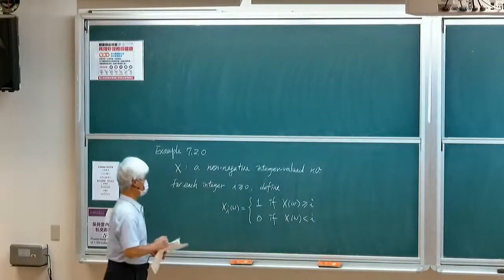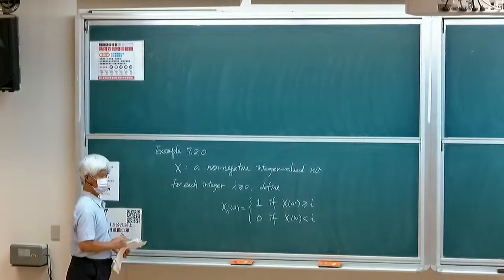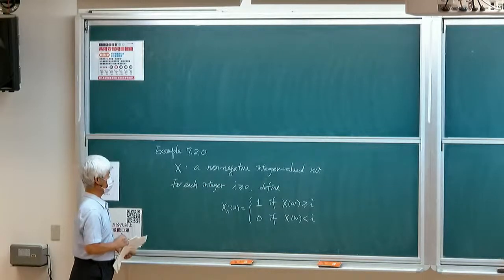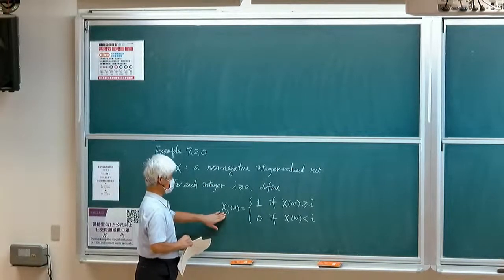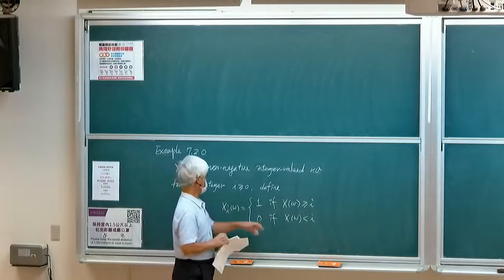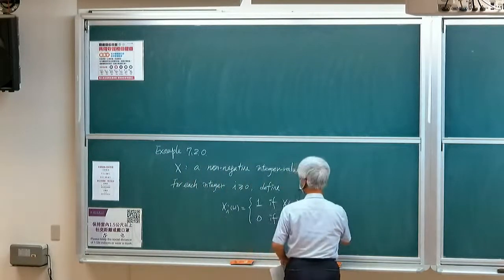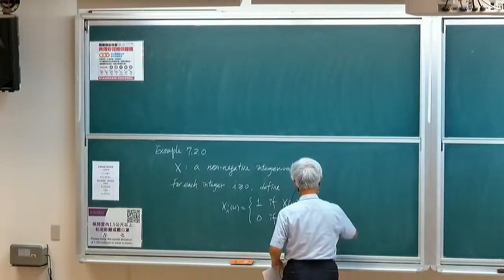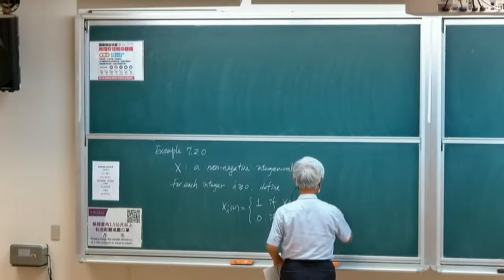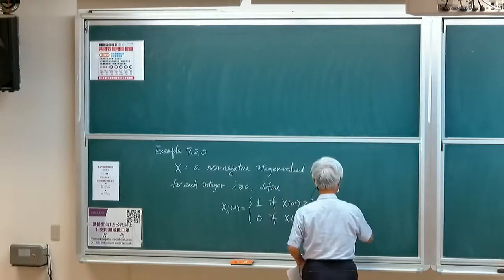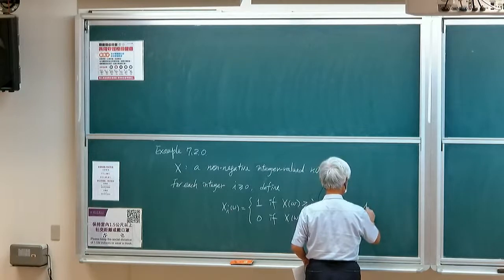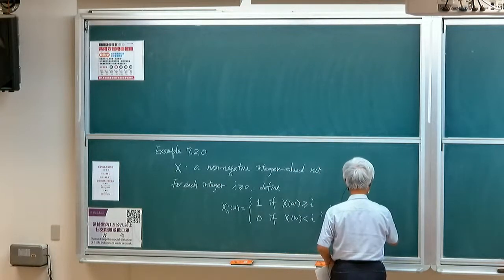Okay. So X_i is an indicator of the event. So basically you can say that X_i is the indicator of the event that X is greater than or equal to i.